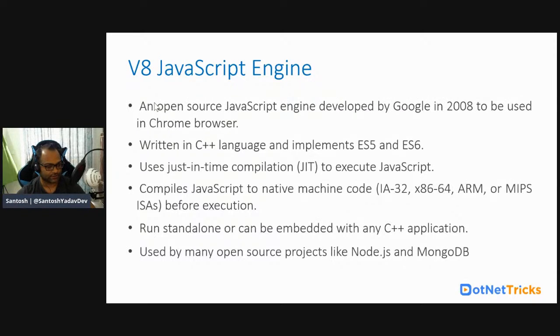And it compiles your JavaScript to native machine code. One of the reasons your Chrome browser can request more memory whenever you are running it is because it converts to native machine code, right? So it can talk to your microprocessor or memory and utilize more memory, which was not possible when Internet Explorer was there.